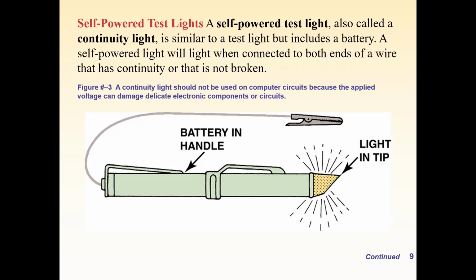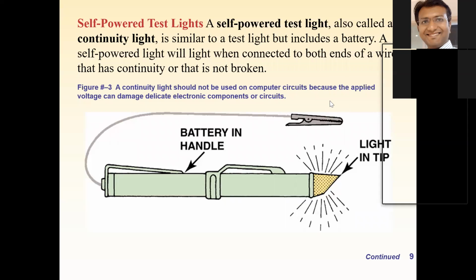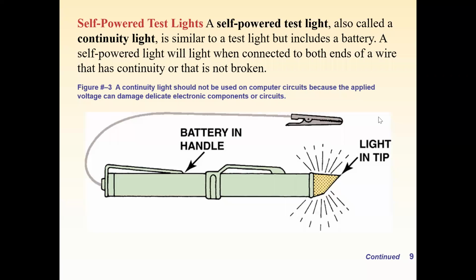We want to determine in which wire there is an electrical signal. So we can connect this clip to a particular wire, and if the light glows, we can say there is a signal in this wire. And if we connect this to another wire in which there is no electrical signal, then the light will not glow.